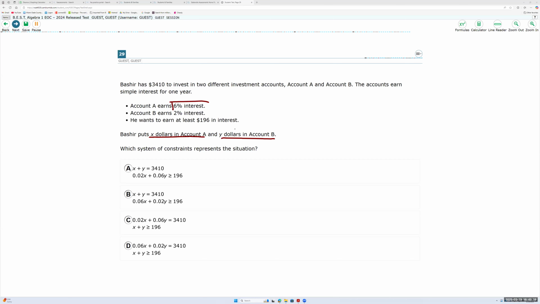So we're going to do that as a decimal, 0.06x, because that's A. And then B earns 2%, which is the Y, so that's 2%, 2 cents, right? 2%, that's Y.